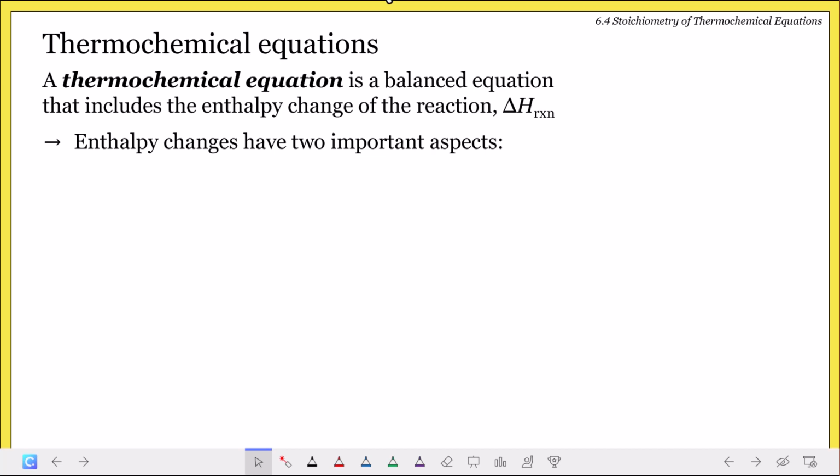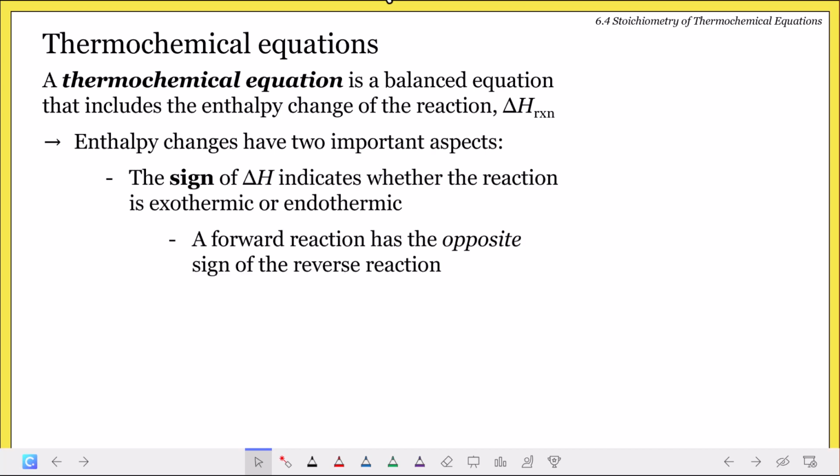A thermochemical equation is a balanced equation that includes the enthalpy change of that reaction, which we indicate as delta H of the reaction. Now, there's two important aspects that we have to keep in mind with regard to our enthalpy changes. The sign of our delta H is going to indicate whether the reaction is exothermic or endothermic.